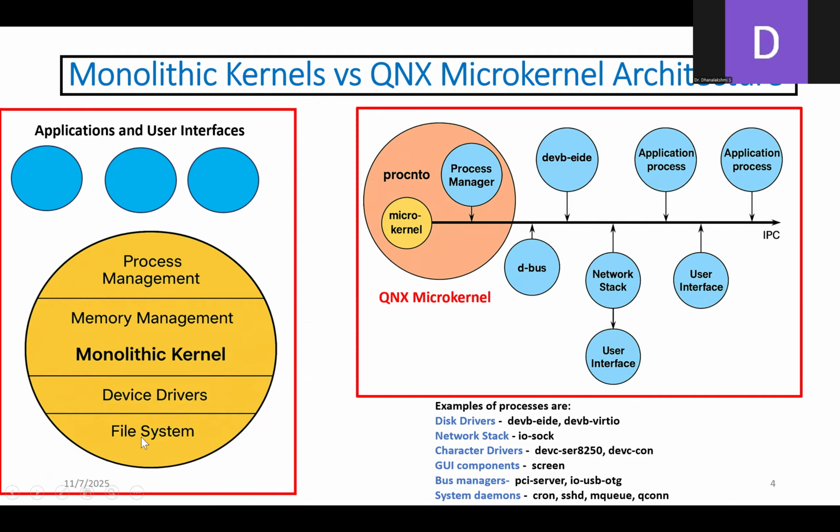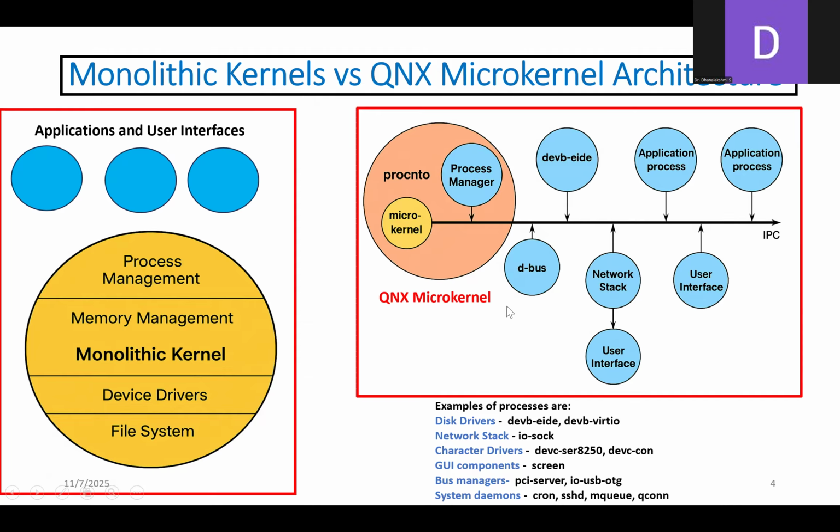It contains the scheduler, memory management, file system, device drivers, system services, and so on. Everything operates inside one big memory space with full privileges. So what will happen if any one of these components, for example a device driver, fails or crashes? The entire system may crash because they all share the same kernel memory.